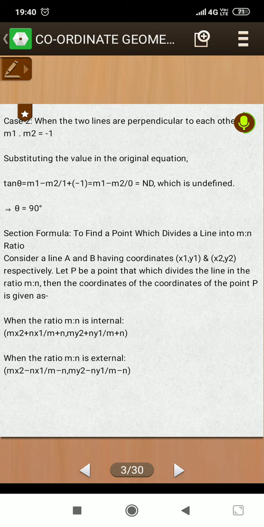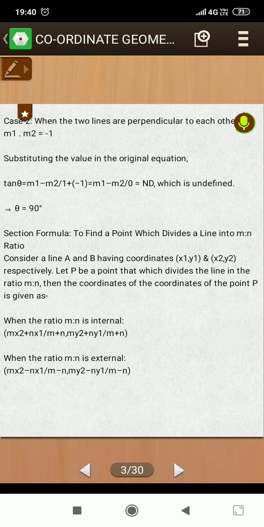Section formula. To find a point which divides a line in the ratio m is to n, consider a line AB having coordinates x1, y1 and x2, y2 respectively. Let P be a point that divides the line in the ratio m is to n.